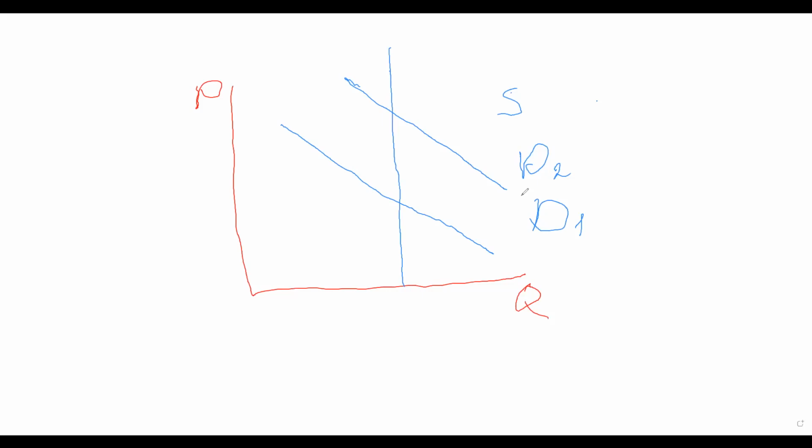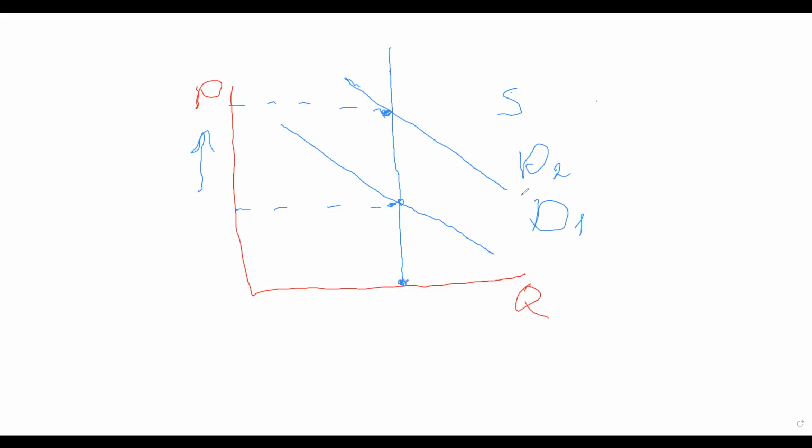We'll have, obviously, from the initial equilibrium point, an increase in the equilibrium price. But what about quantity? The quantity stays the same here. Of course, if we had a more precise graph, it would be more vivid. However, even from this graph, we see that there is almost no change in the quantity.